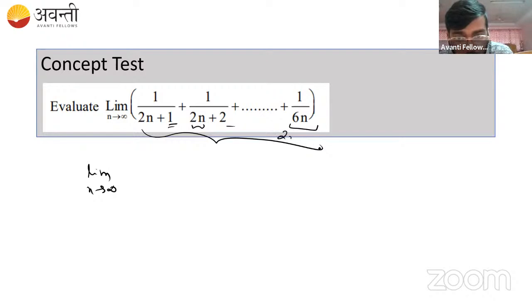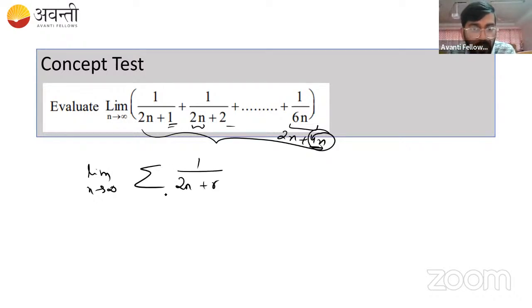So 2n plus 4n is equal to 6n. So 1, 2, 3, 4, 5, 6, 7, 8 up to 4n has been added. So we'll write summation 1 upon 2n plus r, and this r is moving from 1 to 4n, correct? This r is going from 1 to 4n.